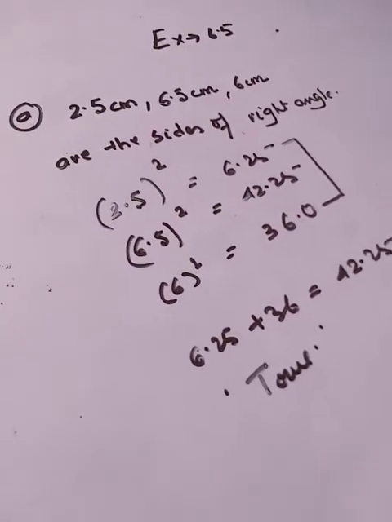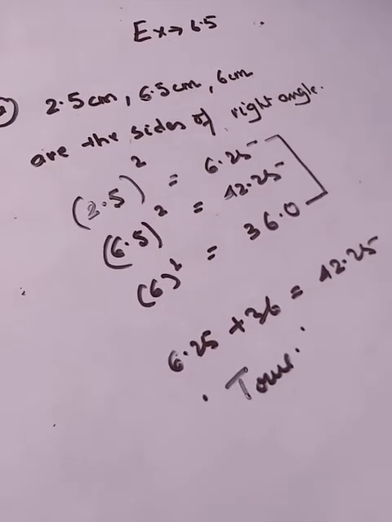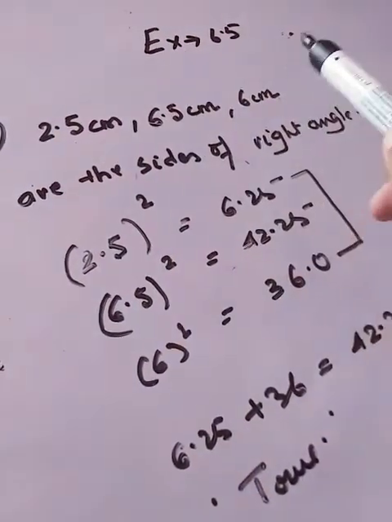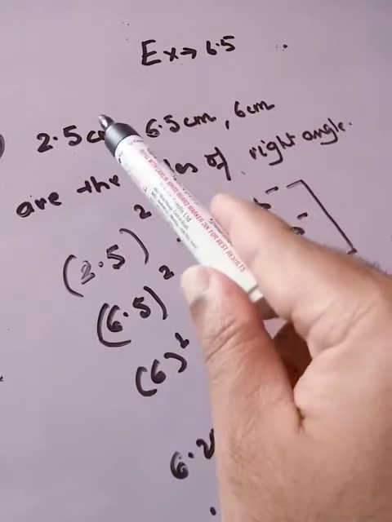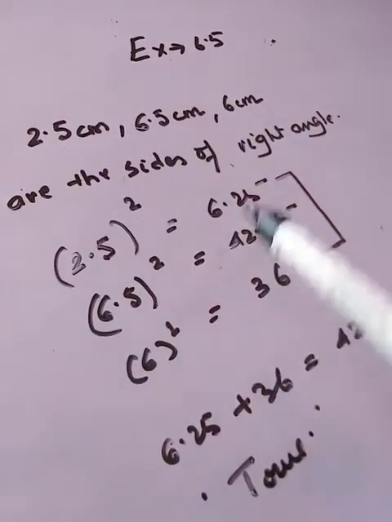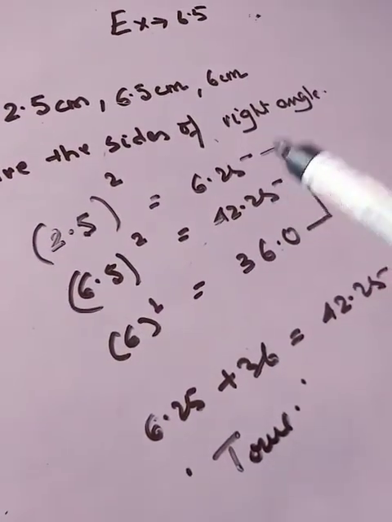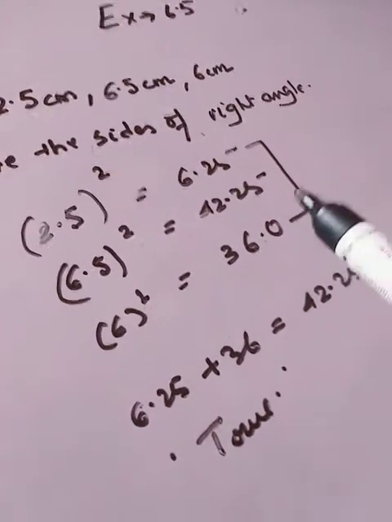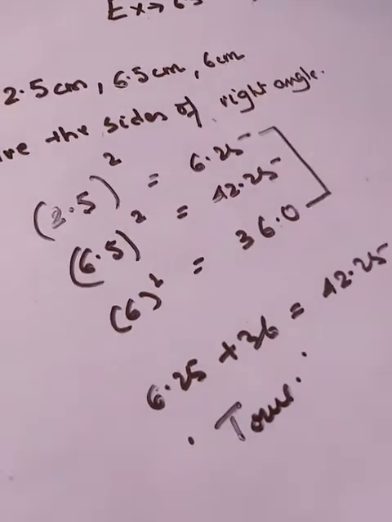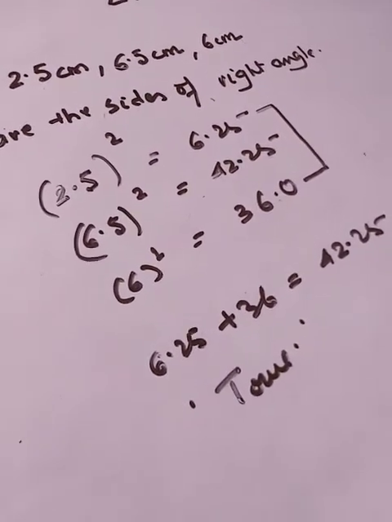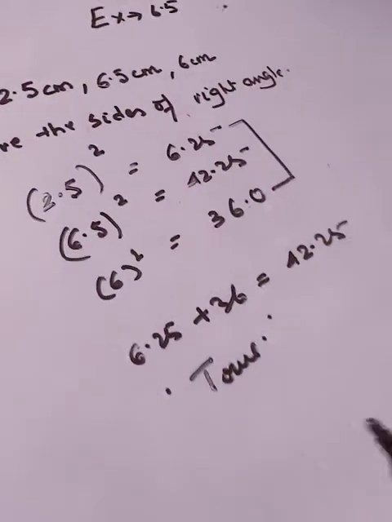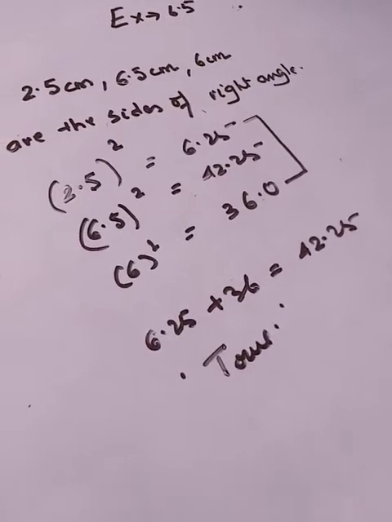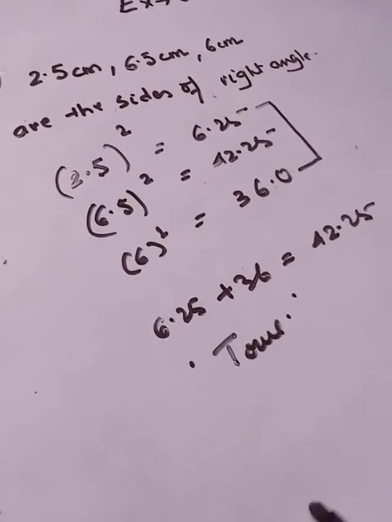This is how you have to check whether the given dimensions are the sides of a right angle triangle or not. The first step is to square all the sides they have given. Then you see whether the sum of any two is equal to the third or not. If it happens, then they are the sides of a right angle triangle, and if it doesn't happen, then they are not.